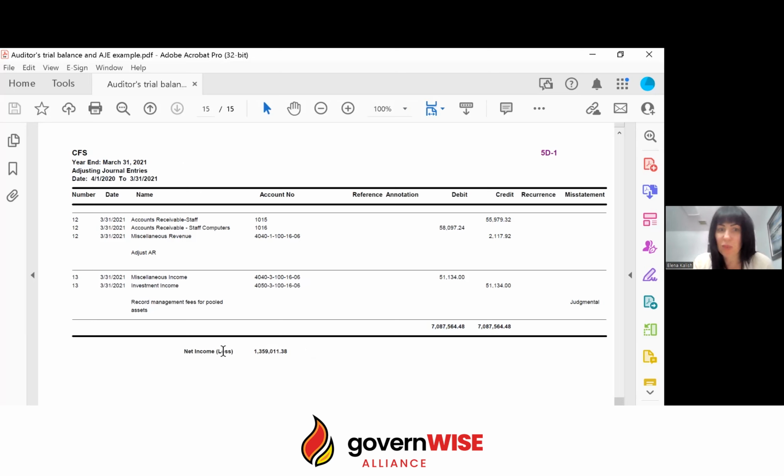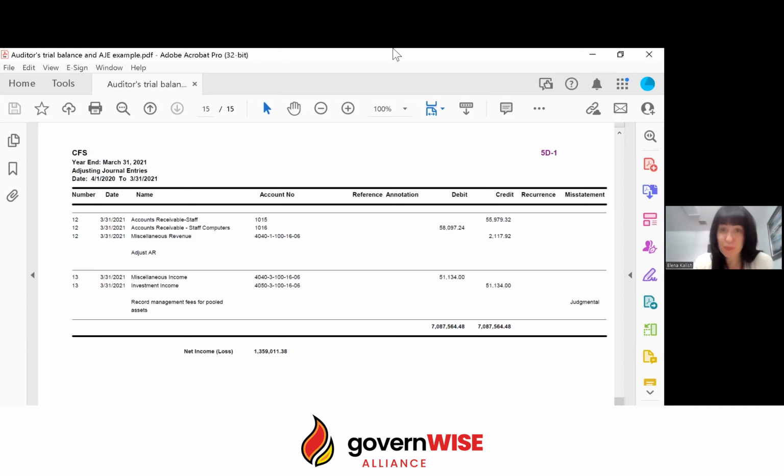You see at the bottom here, net income or loss. Once I've posted everything in my system, my net income or loss should agree to the auditors, and it's conveniently presented underneath the journal entries as well. Okay, so hopefully this is pretty straightforward, and when you see the auditor's trial balance and adjusting entries, you'll know what it is and how to read it.